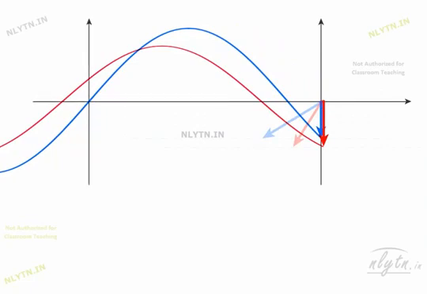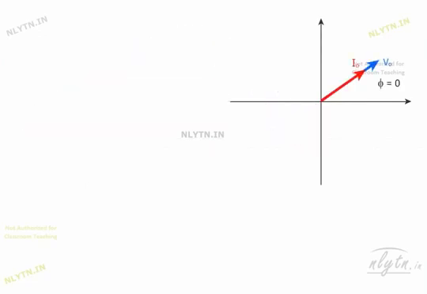And graphically, current will be shifted towards left by a phase phi. And sometimes, when the voltage and current are in phase, they are represented like this.